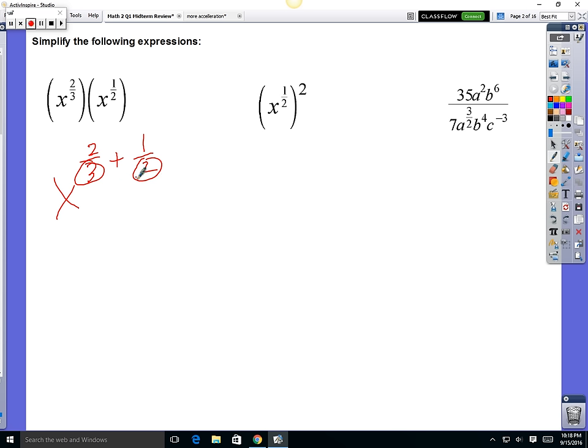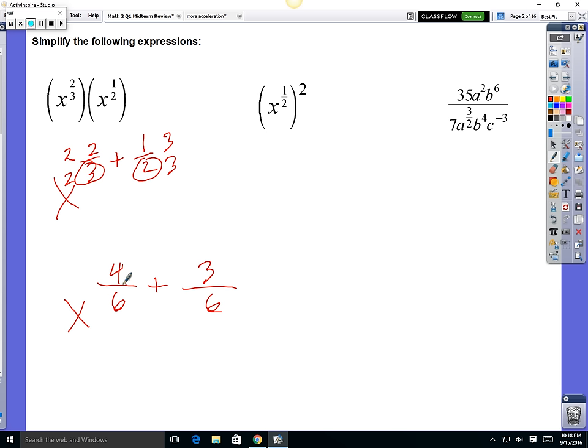And the like term that we're gonna change them both to is sixths. Okay, so if we triple this guy, if we triple the top and triple the bottom, that would be 3/6, and we know that 3/6 is illegal because it's not reduced, it's not simplified to 1/2, but 1/2 and 3/6 are the same. 2/3, all we gotta do is double that, so times the top by 2 times the bottom by 2, and that's the same as 4/6.